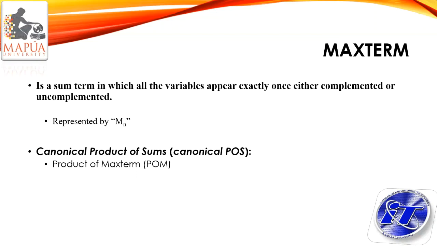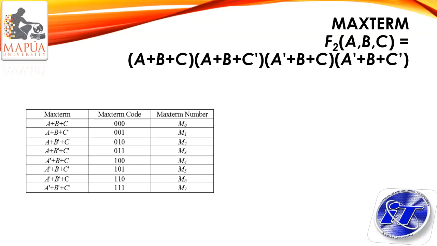POM. Let's have this example: function 2, which contains A, B, C as input. We have (A + B + C)(A + B + C')(A' + B + C)(A' + B + C').